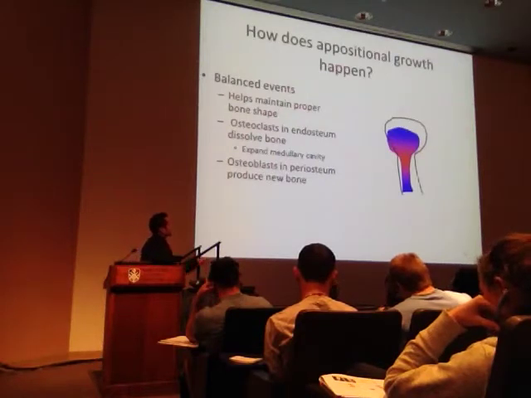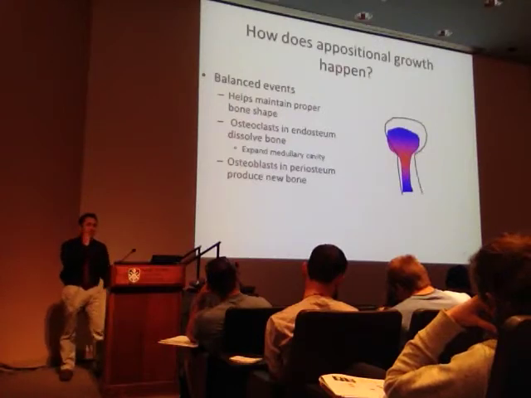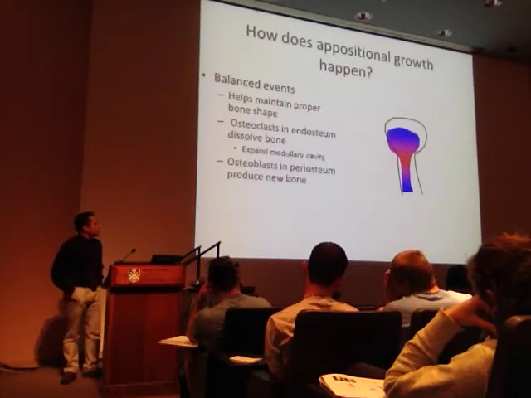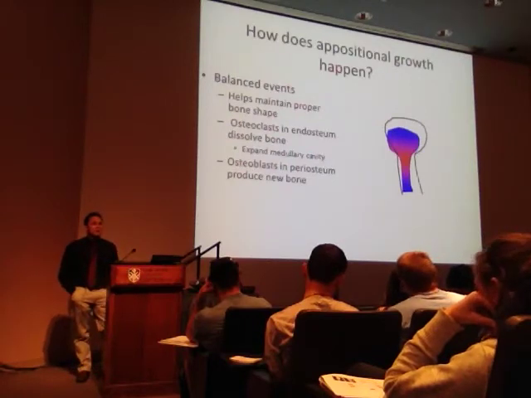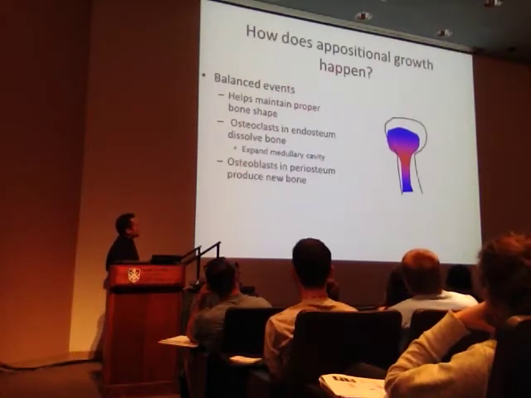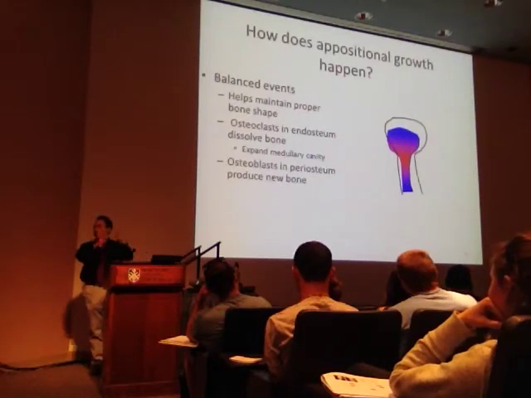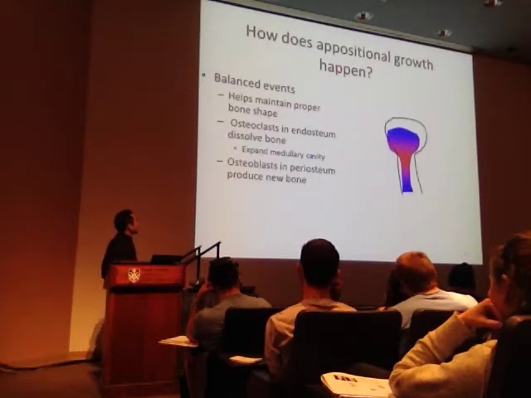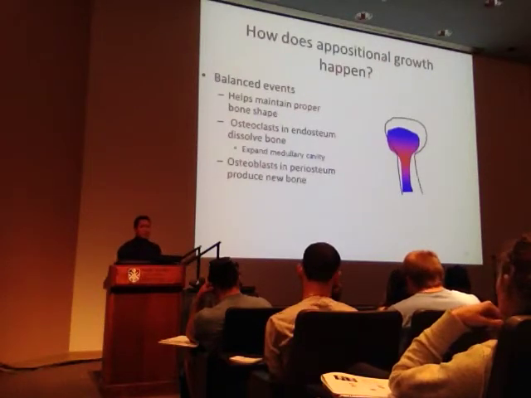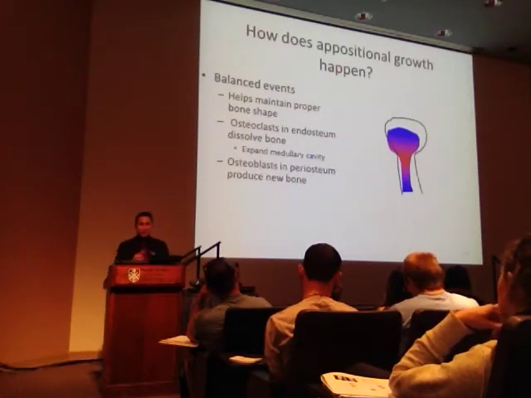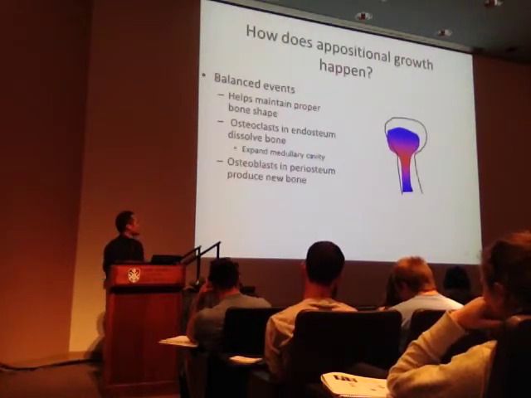You can see that there are two different shaped bones here. One is filled in with pseudocolor, and the other is traced with the black line. To go from this shape to that shape, or that shape to this shape, is a change in apposition, or appositional growth. The osteoclast and the endosteum help to dissolve the bone as we go through life, and that helps to expand the medullary cavity, or keep it hollow.